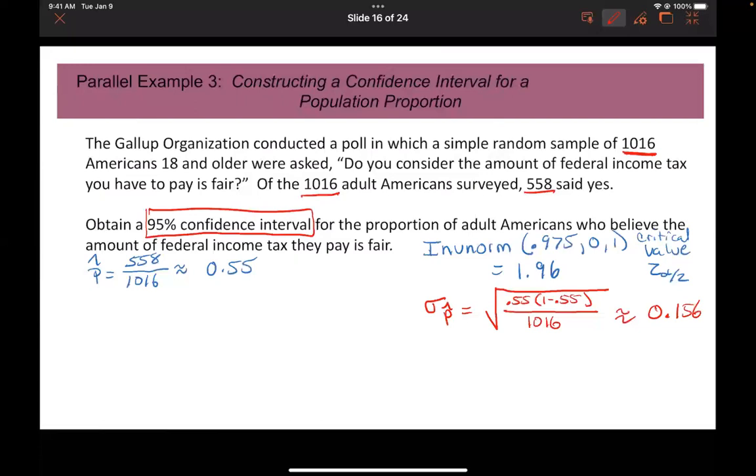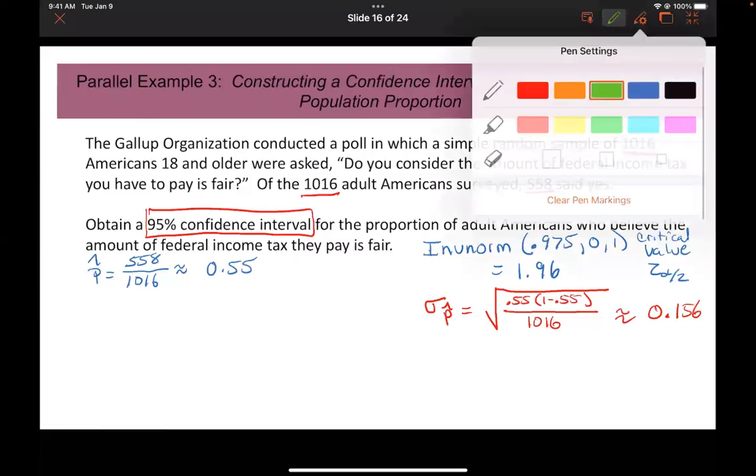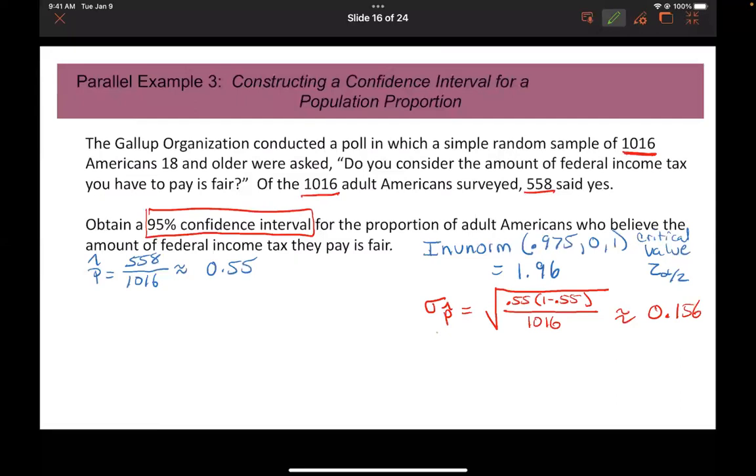Okay. So now I have the standard deviation and I have our z-score, which is our critical value. Way back when we were still just doing normal CDF and learning about z-scores, when we wanted to find a value at a certain z-score, you would take that z-score and multiply it by the standard deviation, right? We're going to do the same thing here.